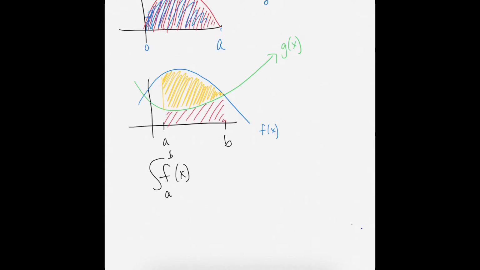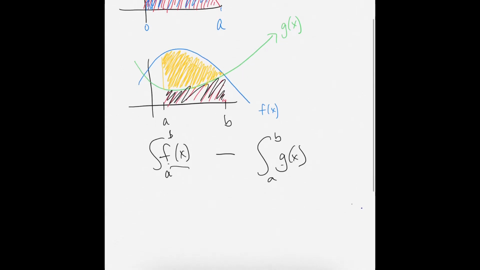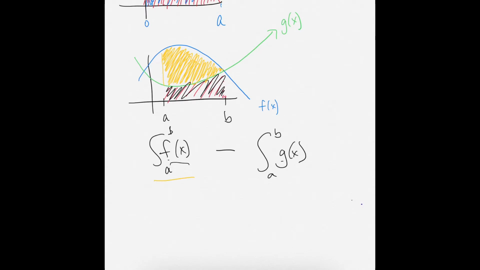That would be the integral from A to B of g. We know the area under f goes all the way down to the x-axis. So if I took the area under f and subtracted the area under g, that would leave me with the yellow area, the area between the two curves. So essentially what we're doing is subtracting these two integrals to find the area between them.